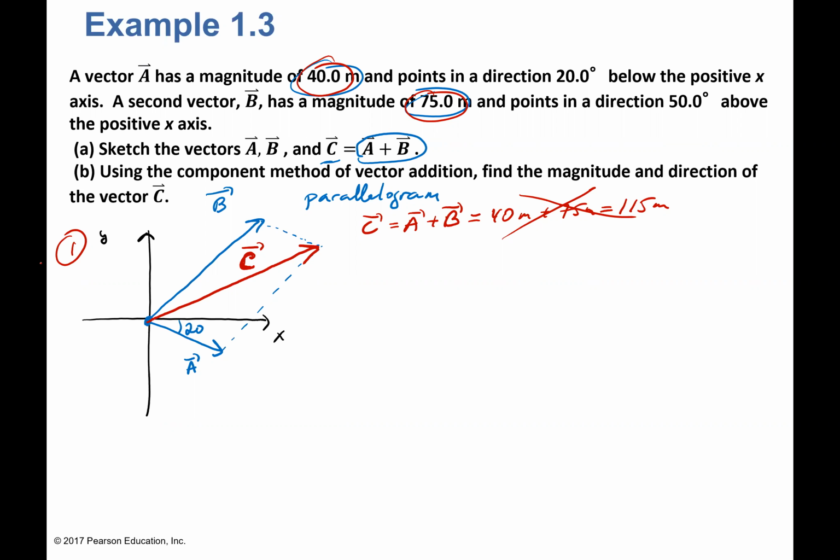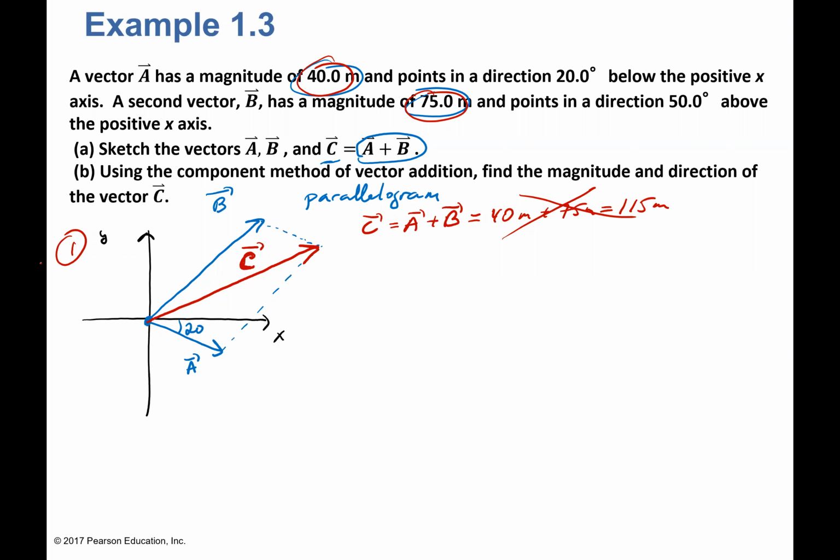It should have a positive x, negative y components. When you're looking at vector B, it's in the first quadrant. It has x and y components, both positive. And then you have vector C, which is the resultant. That means when you at the end calculate the components of vector C, both should be positive because vector C is also in the first quadrant.